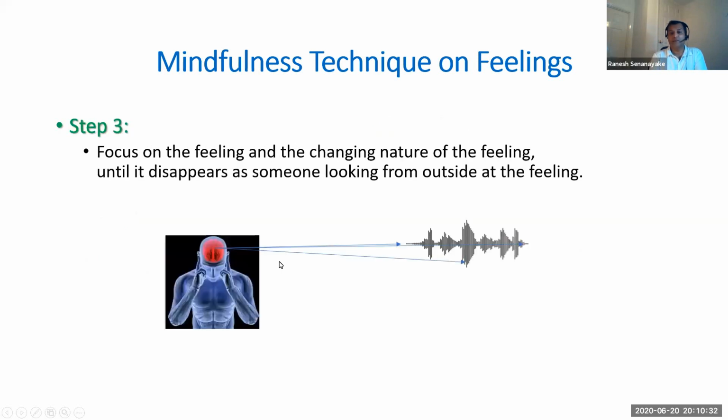And then step 3 is when you're focusing on the feeling, so focus on the feeling and the changing nature of the feeling until it disappears. This is like as someone looking from outside at the feeling.